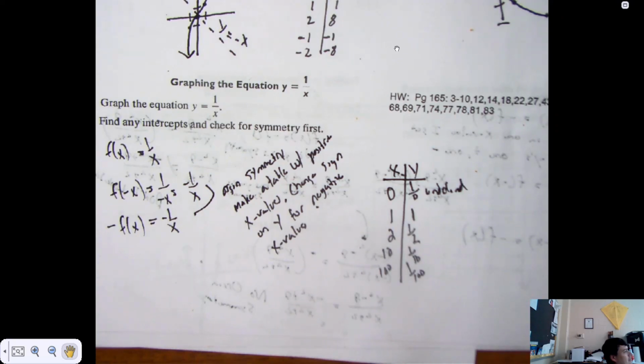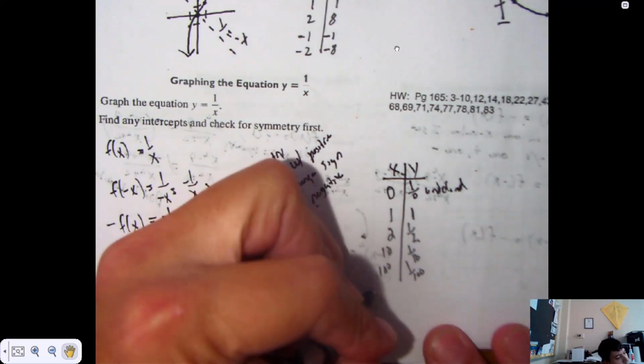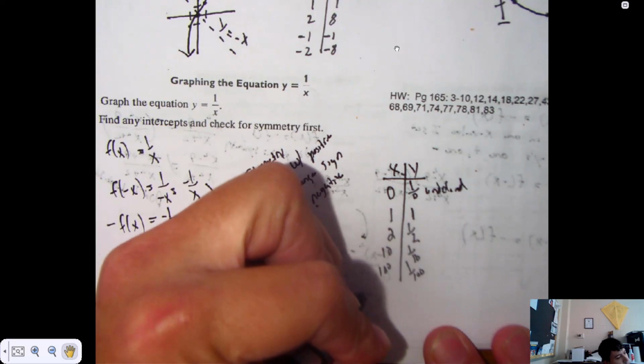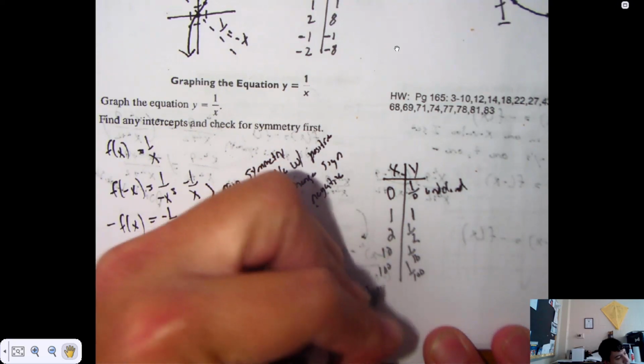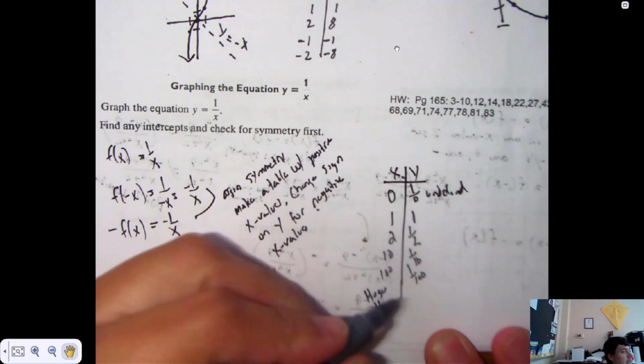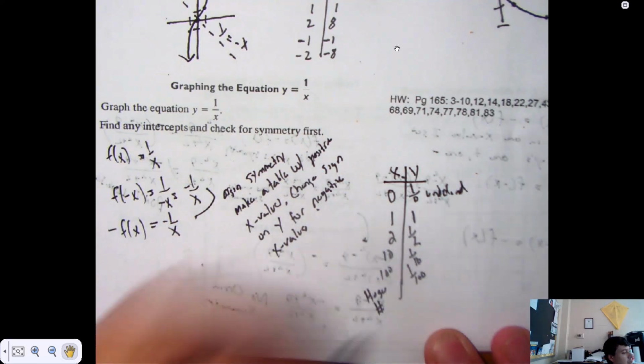It doesn't get closer to the origin. As x gets big, what's happening to y? It gets smaller. It gets closer to what though? The x-axis is what Kelly's saying. She's right. So say you put in a huge number. What does y get really close to? 0.